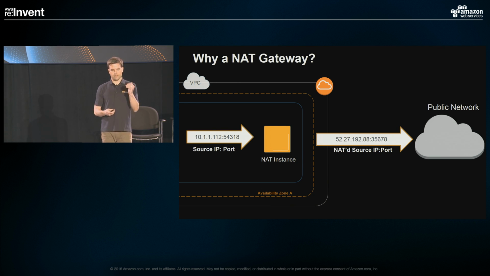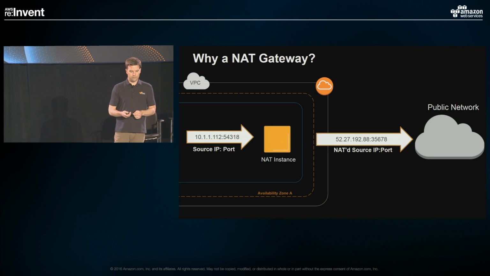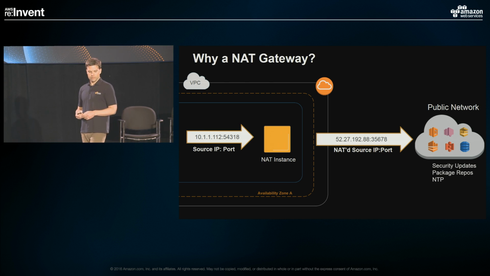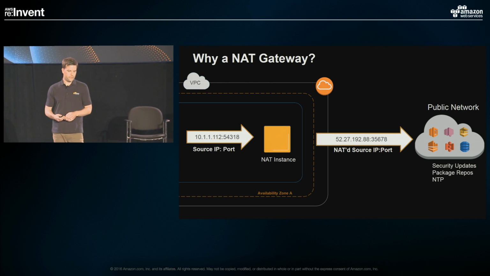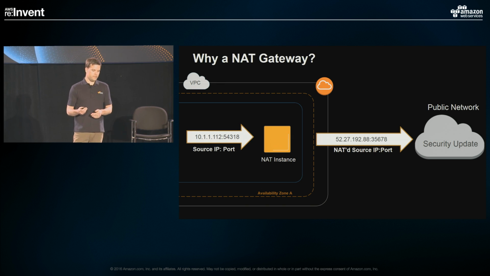The tricky part is that source port, because that has to be unique when you're talking to networks out. So if you have, for example, lots of instances going out and trying to get a security update that has the same endpoint out there, the same destination port and IP address, your source port has to be unique.